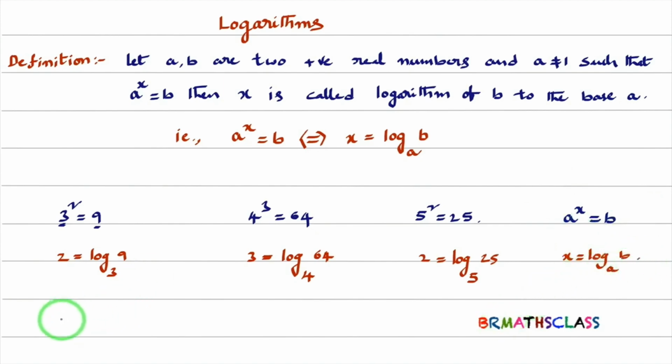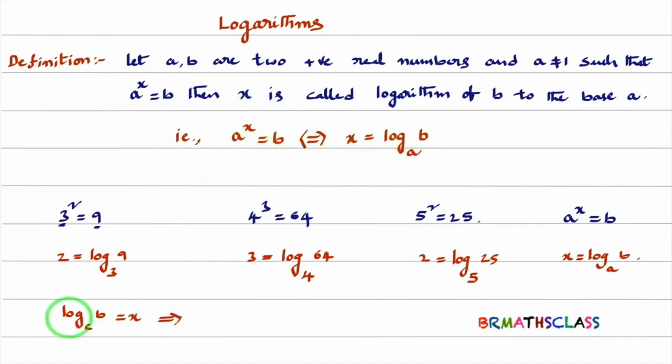What we will discuss now is more important. These things we use while solving problems. For example, if you see an expression of this form, log b base c equal to x. You observe here, if you see x equal to log b base a, it can be written in the form of a power x equal to b, the exponent form.